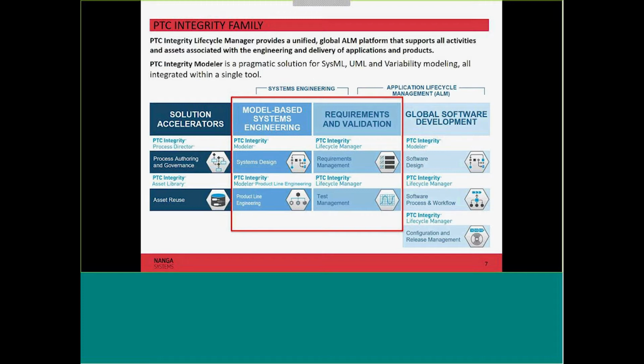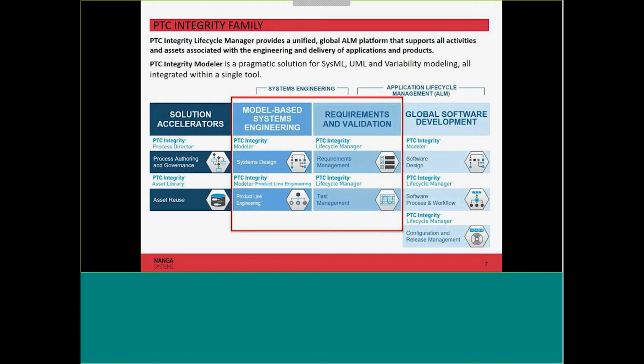Also providing UML profiles, so we can do our software engineering in Integrity Modeler, as well as, unique among the market, variability modeling. So if we are engineering a product line, we can model our variability within our system model, and then use that system model to structure how our requirements might be structured to support a product line, how our V&V activities might be structured to support a product line.